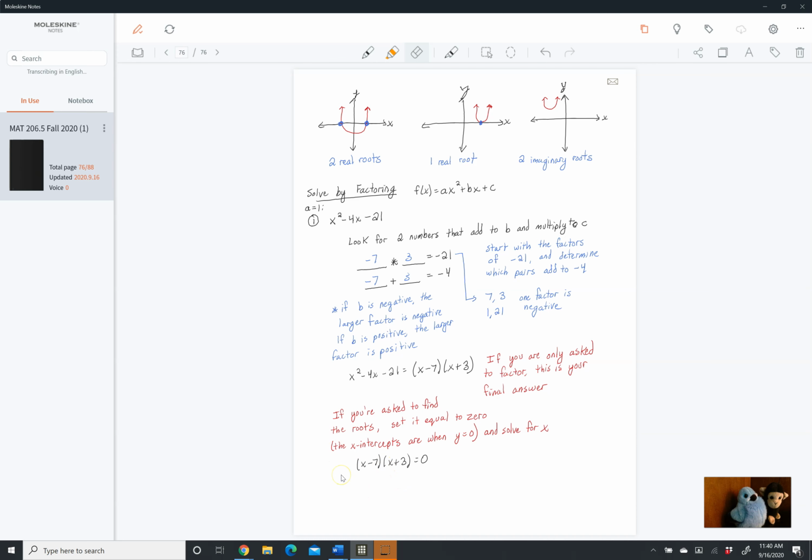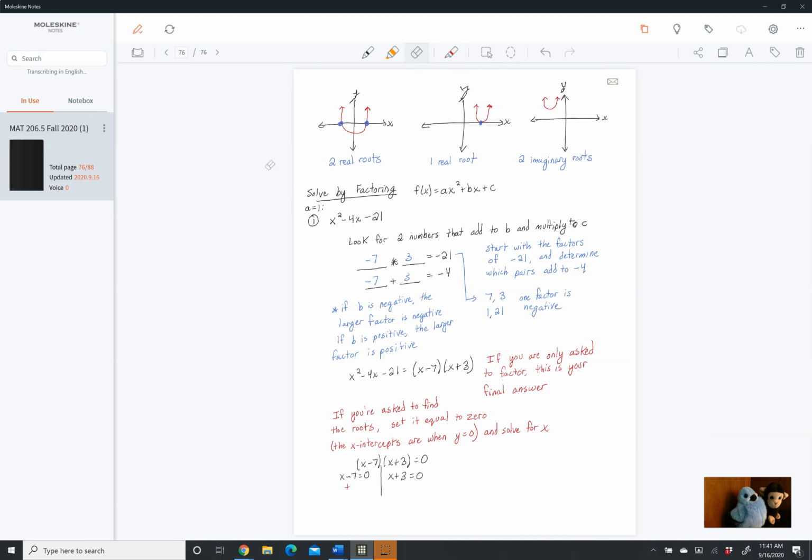So that's what we're going to use. And we're going to say, okay, this means either x minus 7 has to equal 0 or x plus 3 has to equal 0. And if we solve this for x, these are two really simple linear equations.